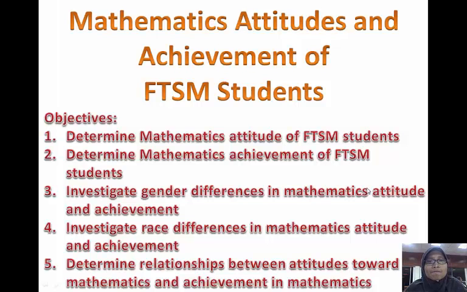This is an example of a research title: mathematics attitude and achievement of FTSM students, with 5 objectives: determine mathematics attitude, mathematics achievement, investigate gender differences in mathematics attitude and achievement, investigate race differences in mathematics attitude and achievement, and determine the relationship between attitudes toward mathematics and achievement in mathematics.